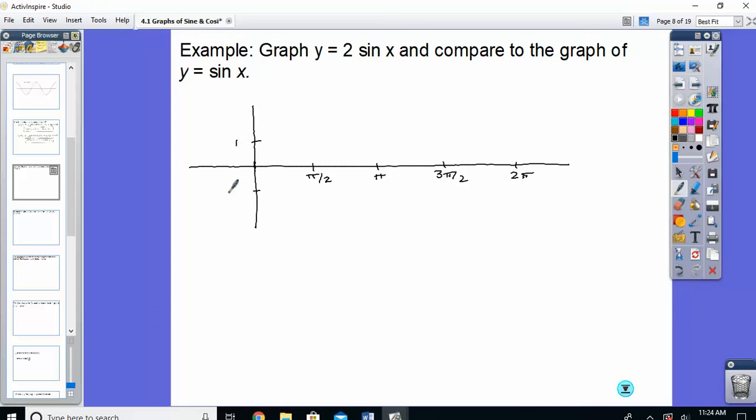Okay, let's see what happens here. If I plugged in a 0, sine of 0 is 0, so 2 times 0 would still be 0. If I put in pi over 2, sine of pi over 2 is 1, right? If you just think about going around your circle.